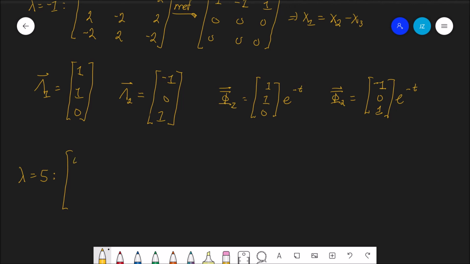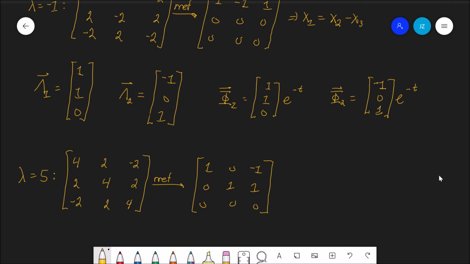So we have a 3 by 3, 4, 2, negative 2, 2, 4, 2, negative 2, 2, 4, which reduces, and so this will give us the system x1 is equal to x3 and x2 is equal to negative x3.